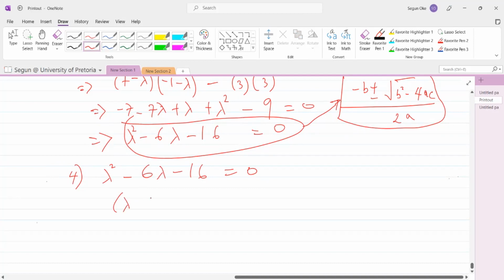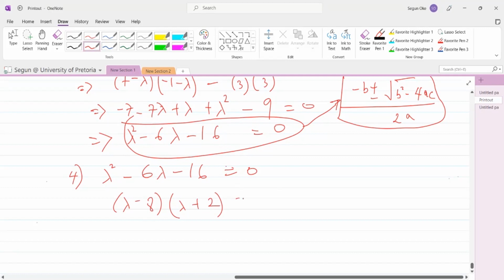Lambda is common, right? Yes, sir. We have lambda squared. So I know something will give me 16 that will still give me minus 6, right? Yes. What can give me minus 6 is minus 8 plus 2. Plus 2 will give me minus 6. And if I multiply it, it will give me minus 16.